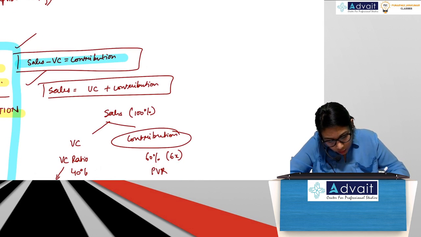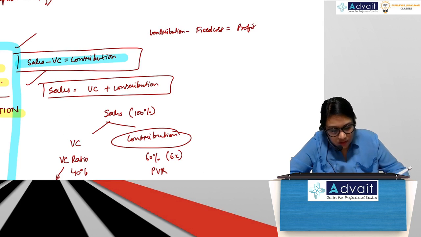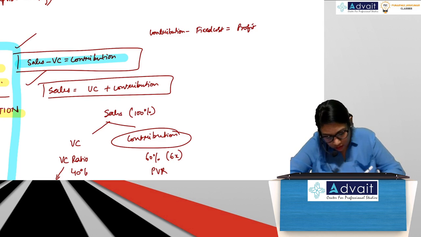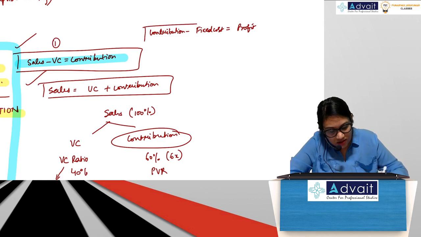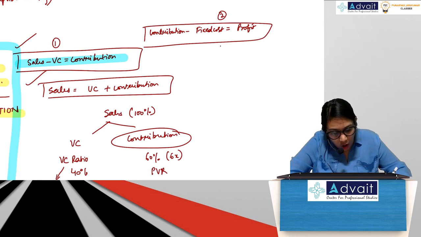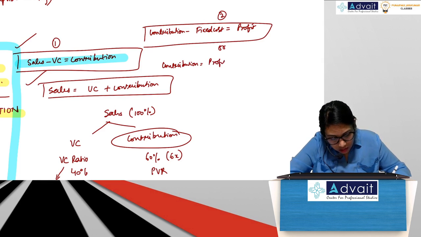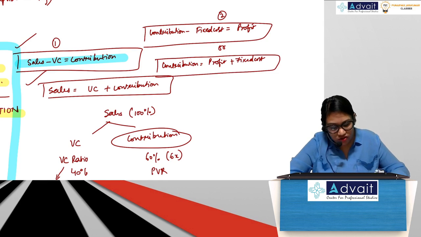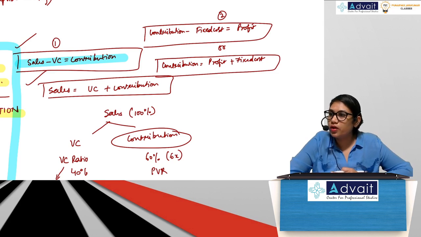Now, we know that contribution minus fixed cost gives us profit or loss, whatever the case may be, right? So this is one part of the statement. This is the second part of the statement. Or can I say contribution is equal to profit plus fixed cost? I've just taken this fixed cost on the other side. Yes, same thing. Guys, correct?